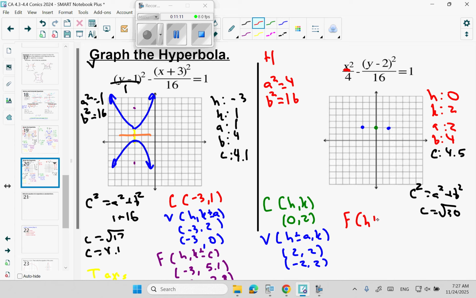Foci, we get h plus and minus c comma k. So 0 minus 4.5, 0 plus 4.5. So I'm going to get 4.5 comma 2 and negative 4.5 comma 2.